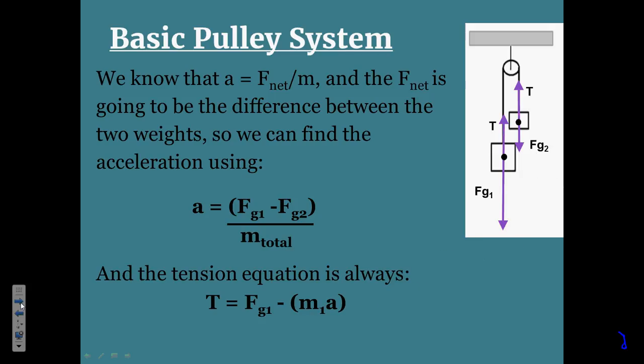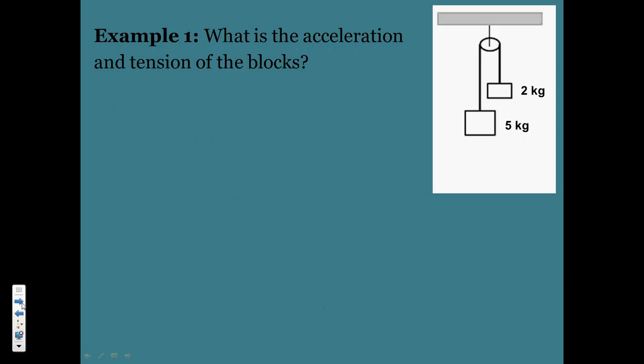So in class, I did this form for you. So let's draw our free body diagram. This is my FG1 because it's the bigger one. It's the one going down, and this is my FG2. So I'm drawing my free body diagram right now. And this is my tension. Okay? So first, I'm going to find my FG1 and then my FG2.